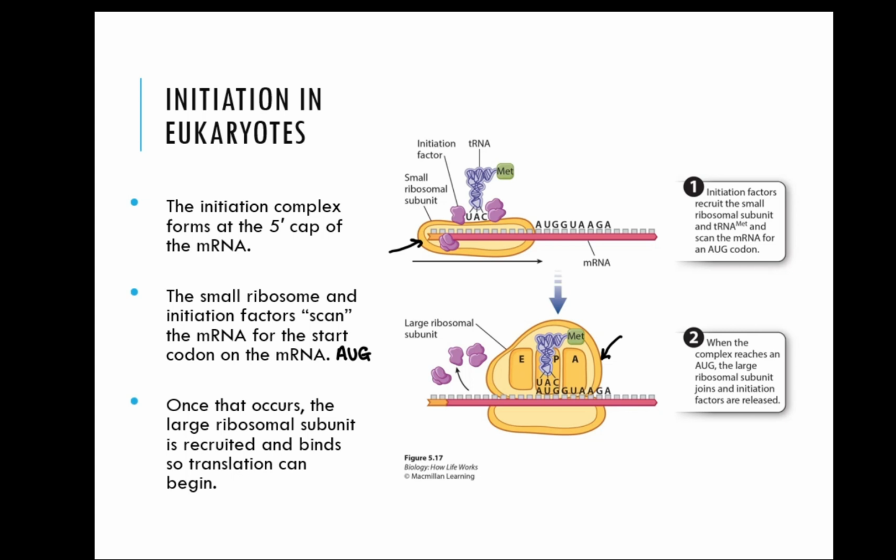The first transfer RNA with methionine also comes in at the beginning. You have to have that there to start. What are you going to add the peptide bond to? So all of this gets together, ready to start. Once this is formed, those initiation factors can be released, and they'll go to initiate translation somewhere else.